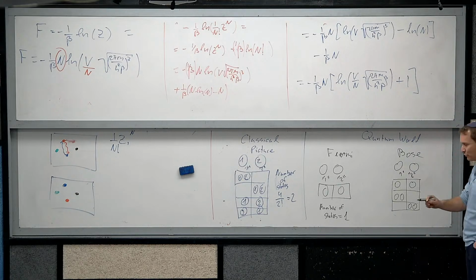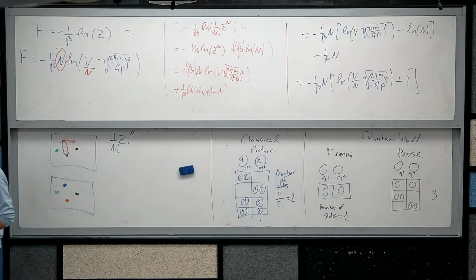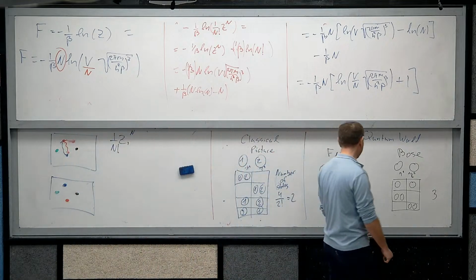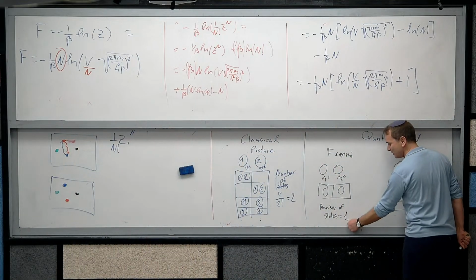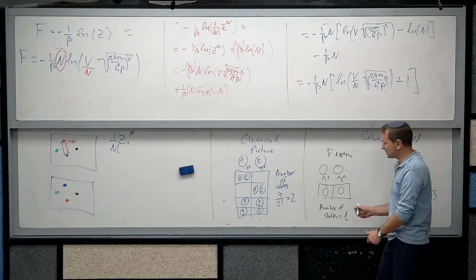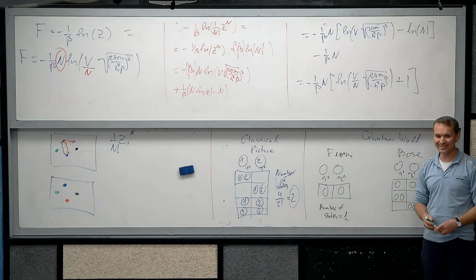So this is the solution of 3, and the number of states is 3. So for real particles, for real quantum description, I can have either 1 state or 3 states. And in classical physics, somehow I'm getting 2. The average. Sorry? It's the average.